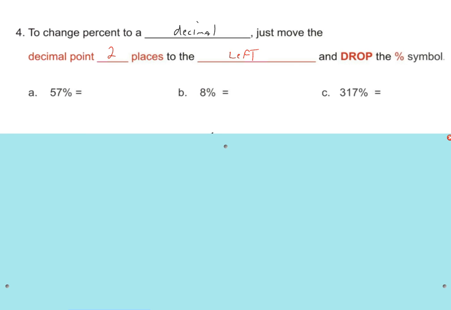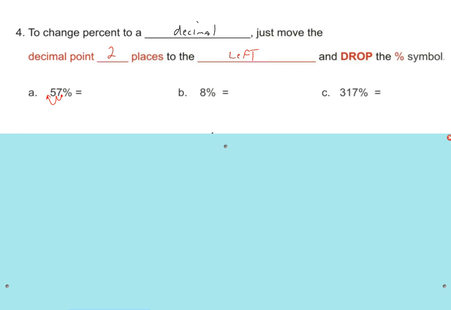Now, you won't always see the decimal point. In all 3 examples here, there's no decimal point shown. But we always know it comes after the last number. So where's the decimal point in the 57%? It's right there. I got to move it 2 places to the left. Uno, dos, right? 2 places to the left. And what do I end up with?